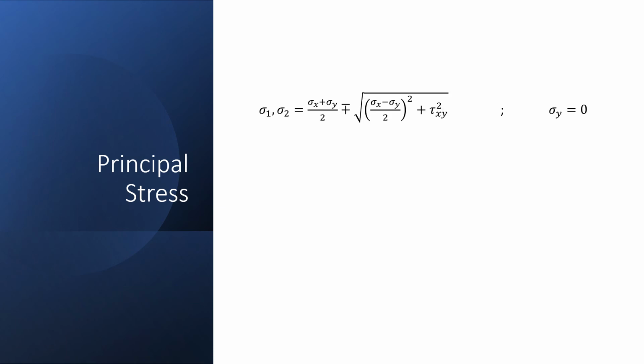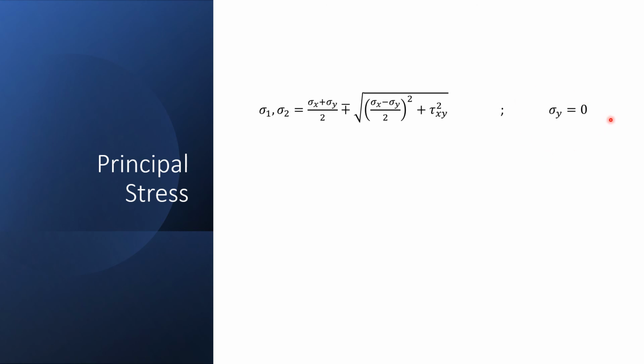Sigma 1, sigma 2 is equal to sigma x plus sigma y over 2 plus minus square root of sigma x minus sigma y over 2 squared plus tau xy squared. Here we assume that sigma y is equal to 0 because the shaft is only rotating on x direction.